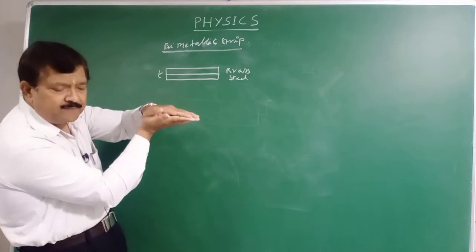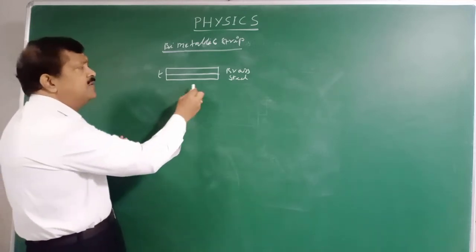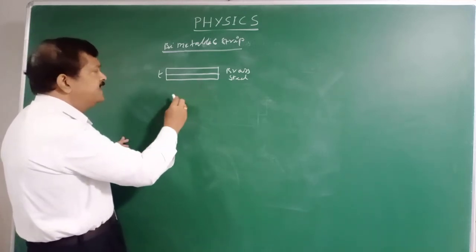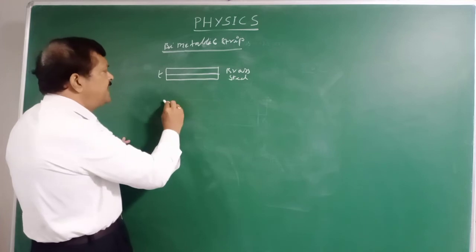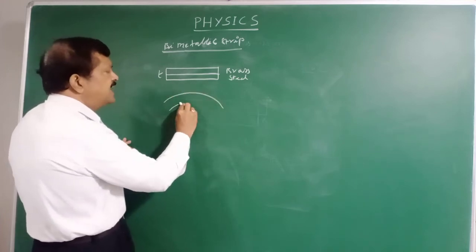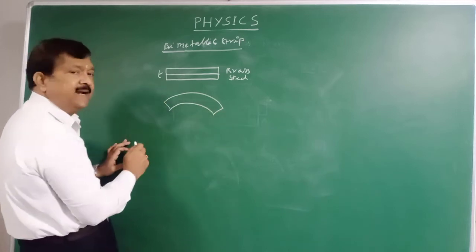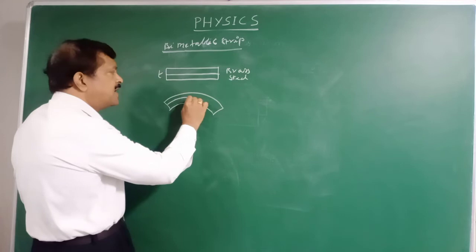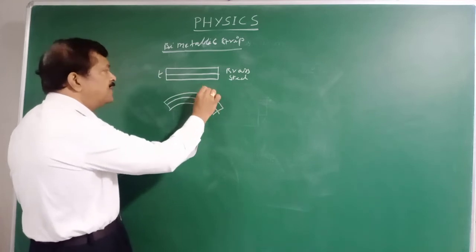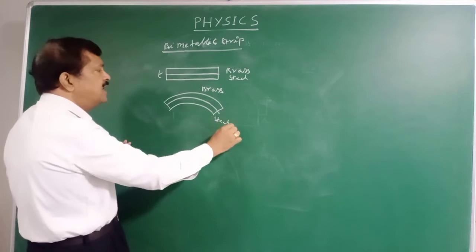It will be bending. Now to understand clearly, let us have it like this. When it is bending, it will bend like this so that you will have the larger length present outside and the smaller length present inside. So as brass expands more, you will have brass present on the outside and the steel present on the inside.